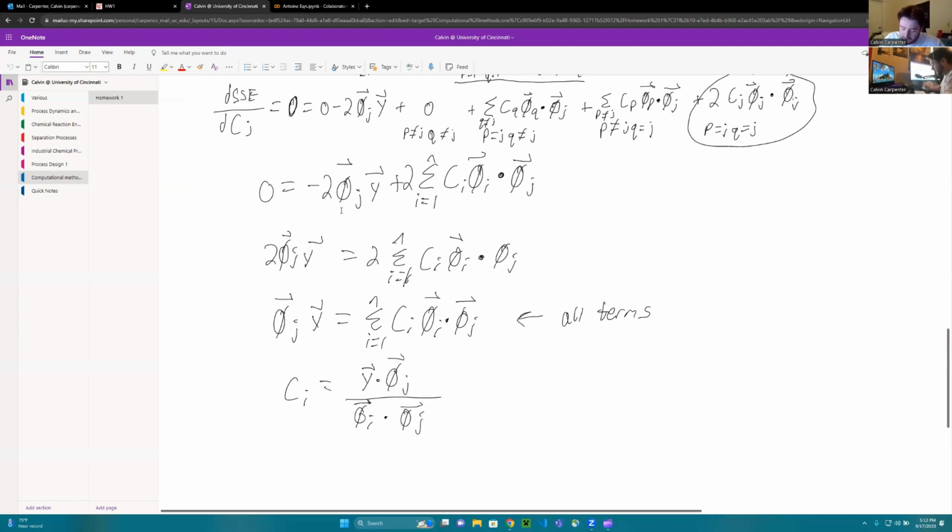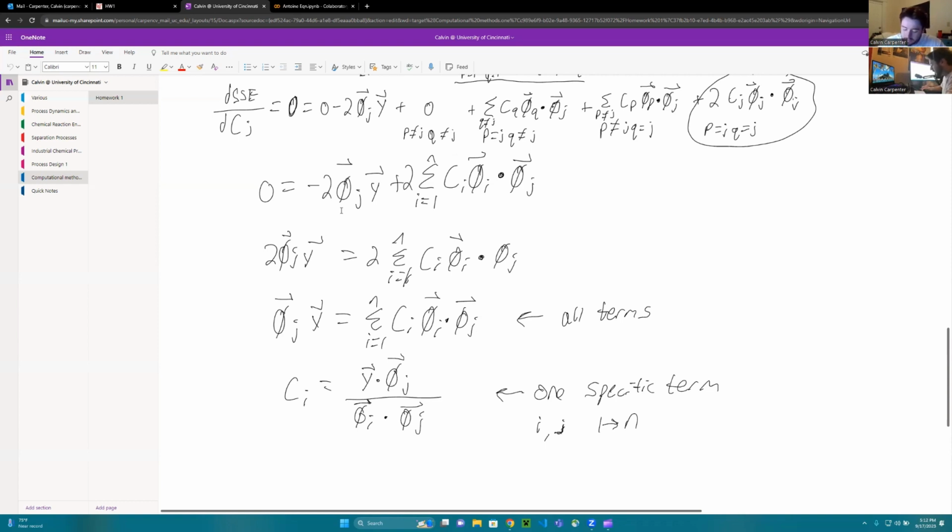So this is the equation for one specific term. And this is also assuming that both i and j are going from 1 to n.